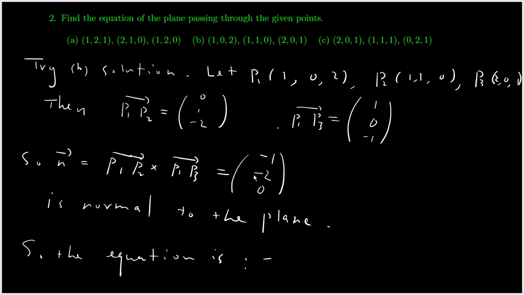It's -1 times, now let's say x minus 1, and then -2. -2 is the B value, right? And then y minus 0, -2y is equal to 0. You do not have to convert the equation to any other form, so that form is perfectly okay as the final answer.